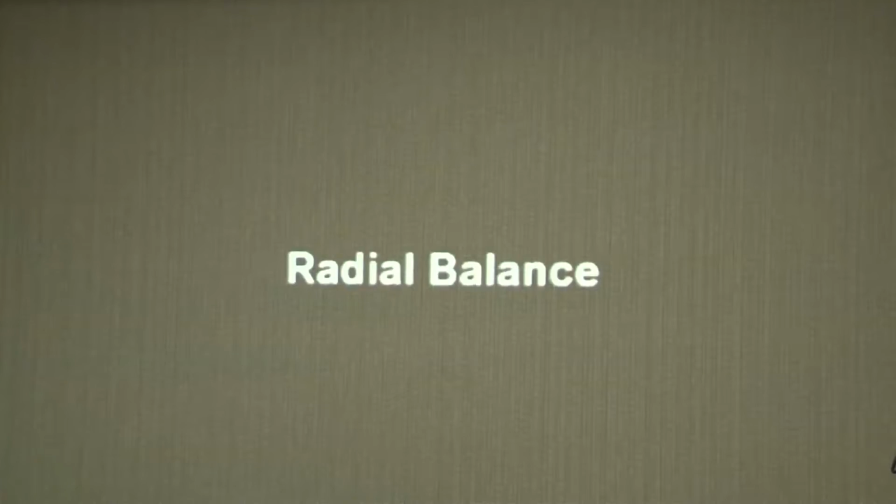Radial balance is a form of symmetrical balance, where all elements radiate out from a center point in a circular fashion. In radial balance, all the elements lead your eye towards the center.